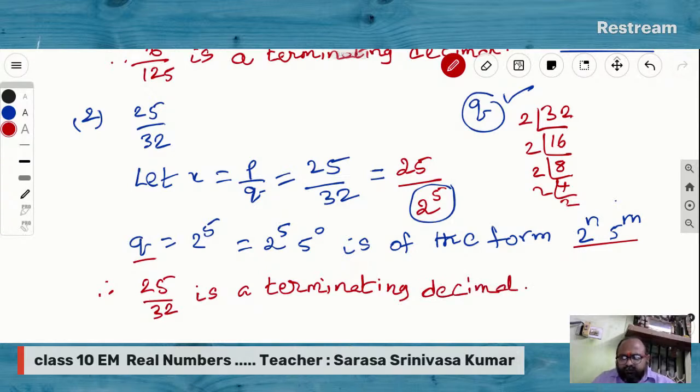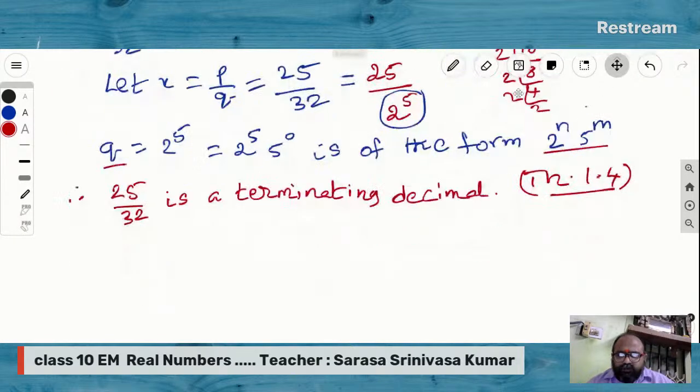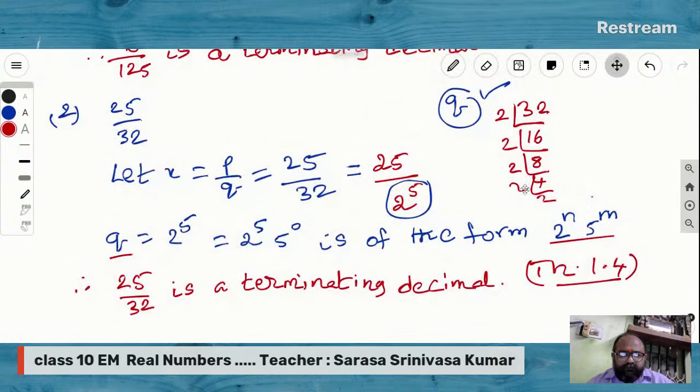So based on this, we are using theorem 1.4. This statement is given by theorem 1.4. So students must refer to the statement of theorem 1.4 and theorem 1.5. 25 by 32 is given.